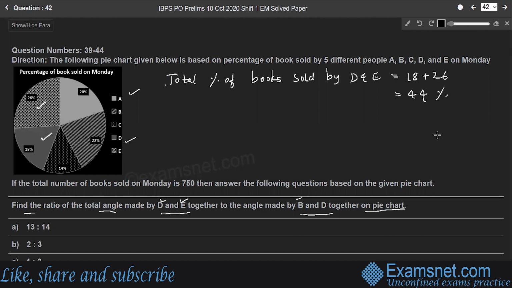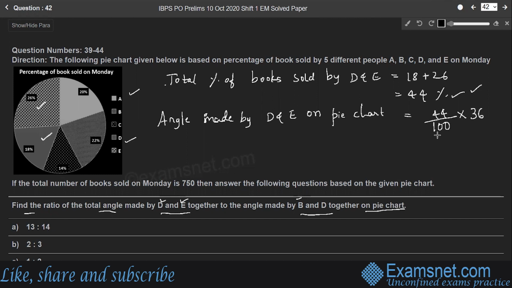Which means out of 100, 44 books were sold by D and E. Therefore, the angle made by D and E on the pie chart is equal to, here 44% means out of 100, 44 books were sold by D and E.